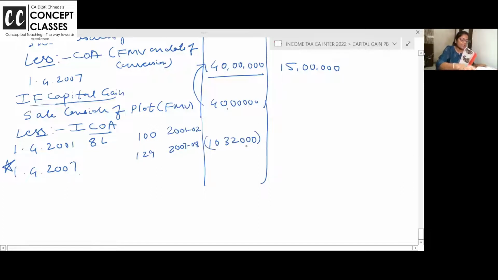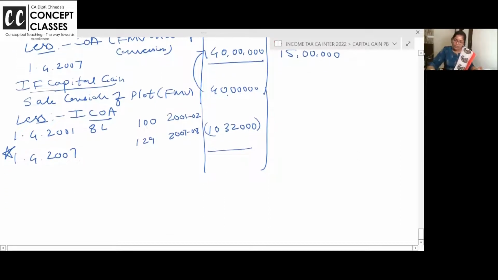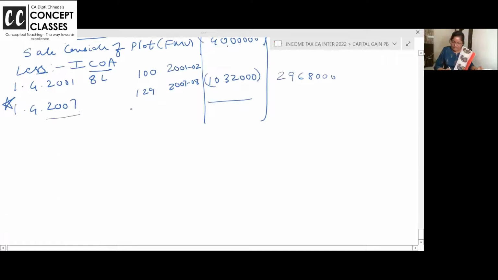Okay? Let's go. And what is the capital gain now? Minus 40 lakh. 29 lakh 68,000. That's it in that year.